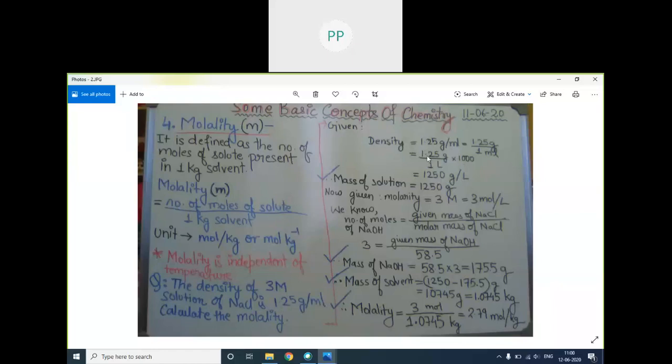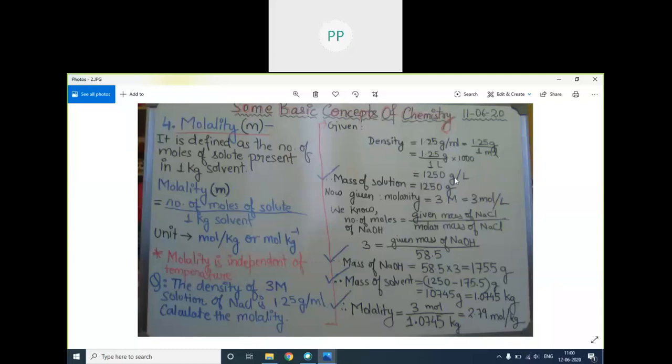So 1.25 gram divided by 1 milliliter. Now to convert this 1 milliliter we have to divide by 1000, so it will go to the numerator. So it will come 1250 gram per liter.